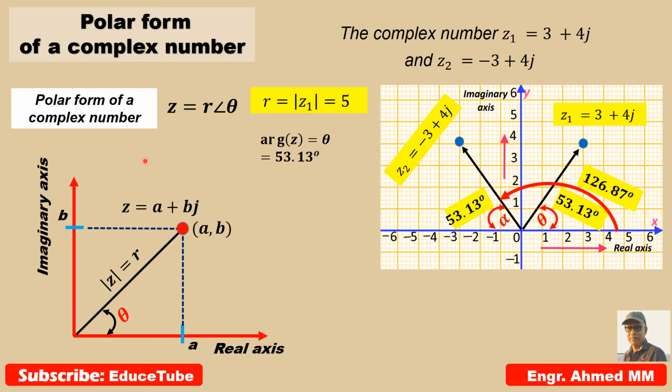But these descriptions, if they come in our expression like this one, because already we know what is modulus and what is argument, if we give the description as this one, then this form is called the polar form, because this is the argument and this is the modulus.